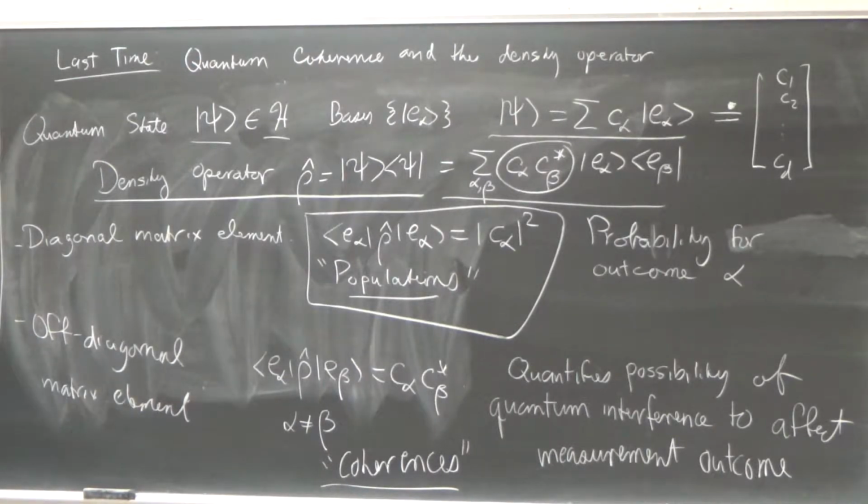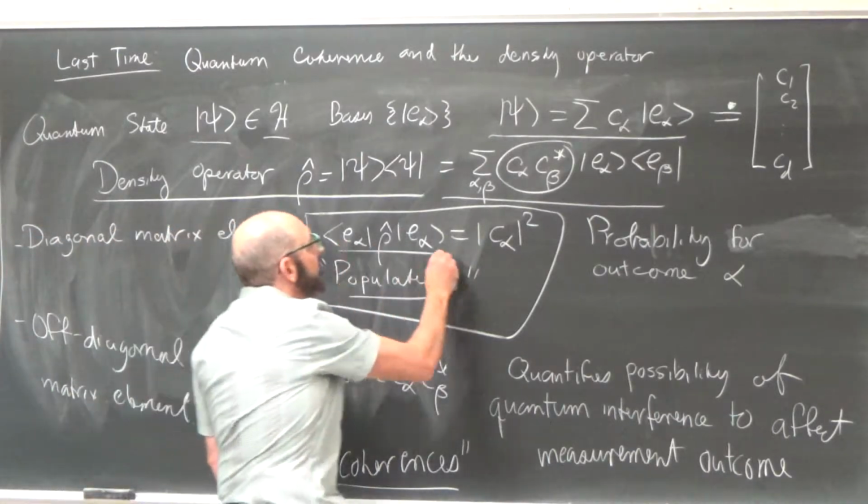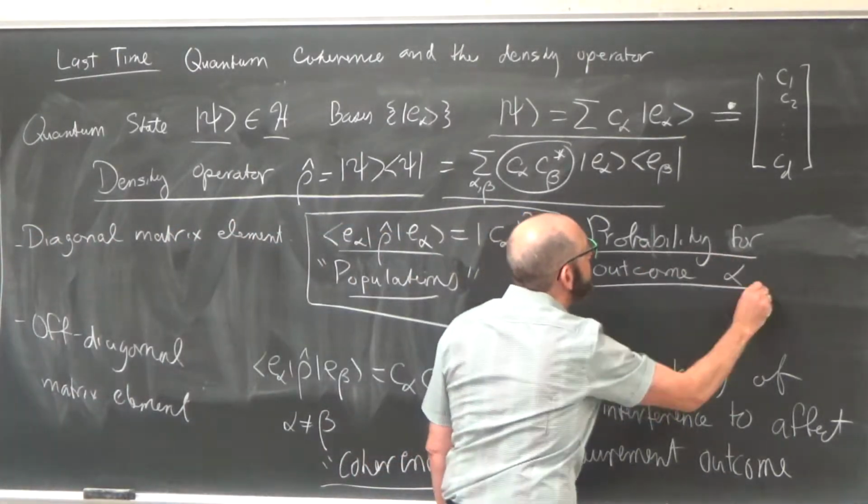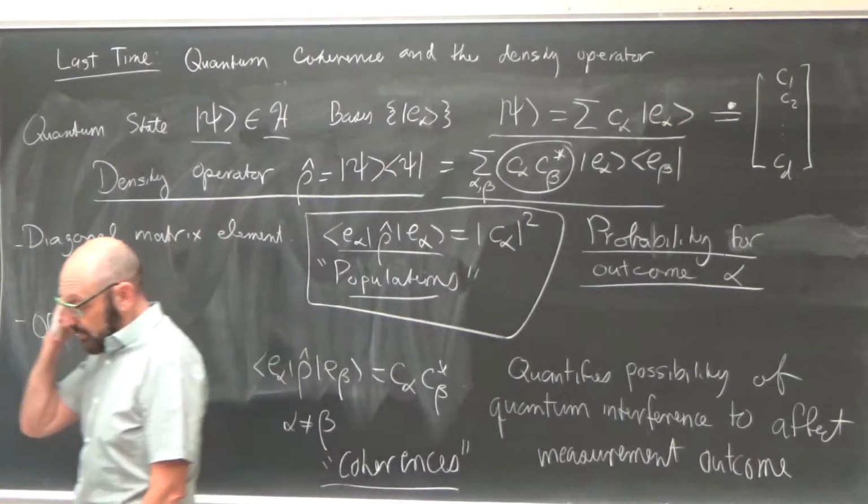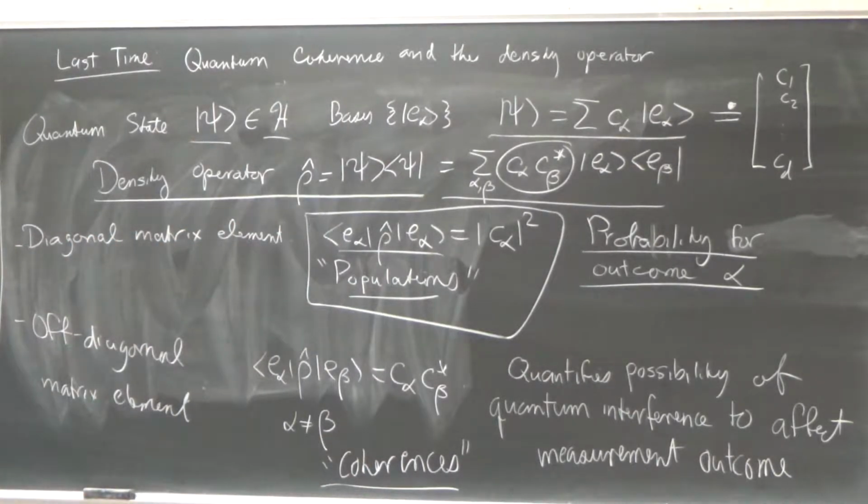But what these diagonal matrix elements tell us is the probability to find that particular outcome. So the diagonal matrix element tells us about the probability of finding a particular outcome.